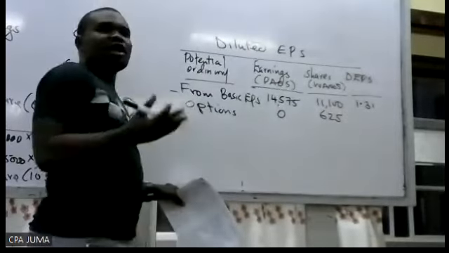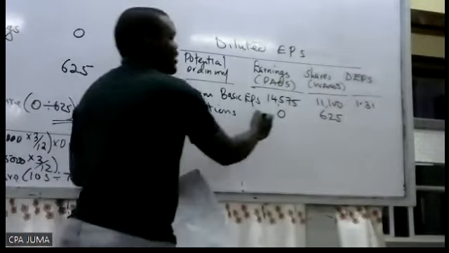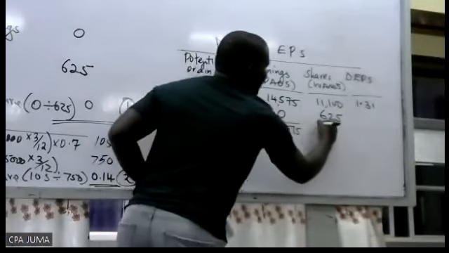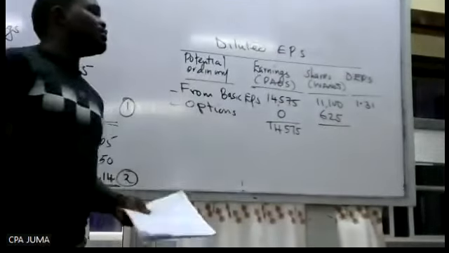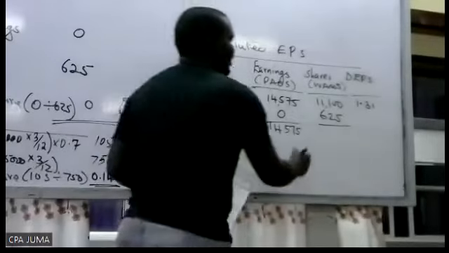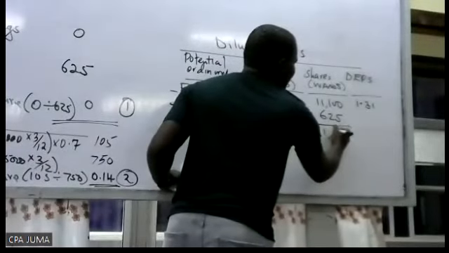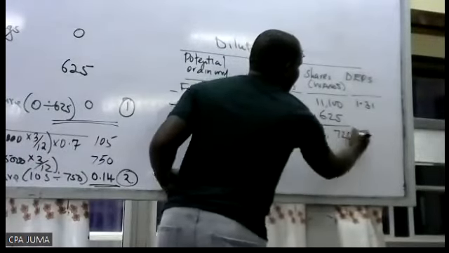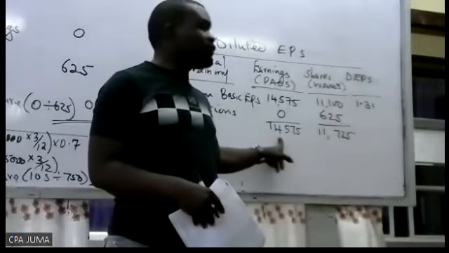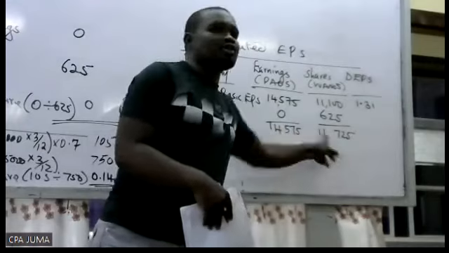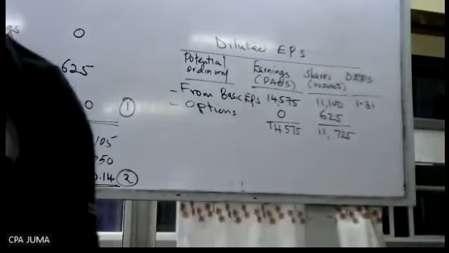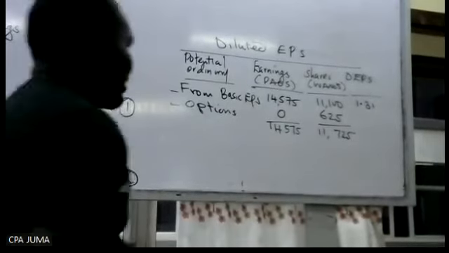So the new position after employees acquire shares is that profit remains constant, but shares go up to 11,725. So what will be your new earnings? Take the new profit, divide by the new shares, and you get the new EPS of 1.24.